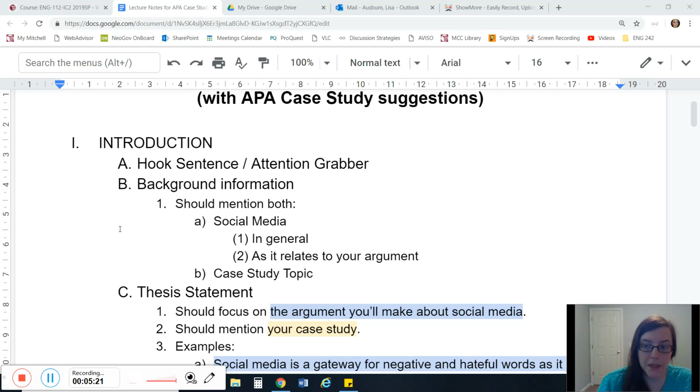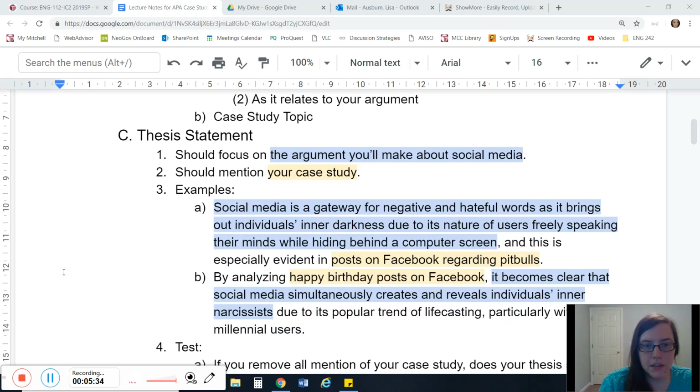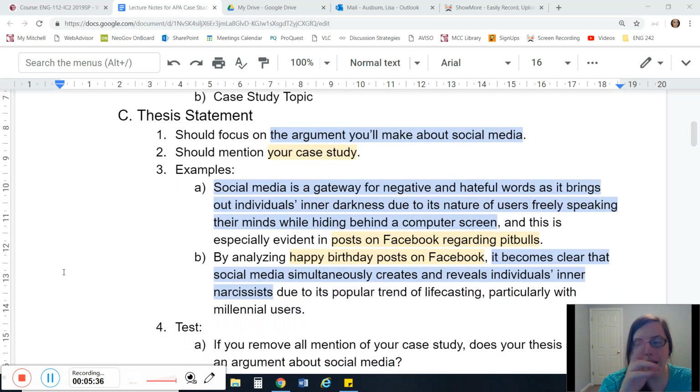And I think that would be an alternatively effective way to introduce your subject matter, or particularly what you're going to be analyzing, what is your case study. So I think that both of those things should be found somewhere in background information in that middle section of your introduction. Then, of course, the final sentence of your intro should be your thesis statement.